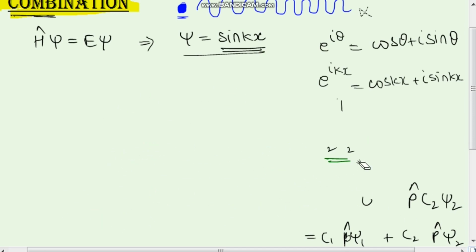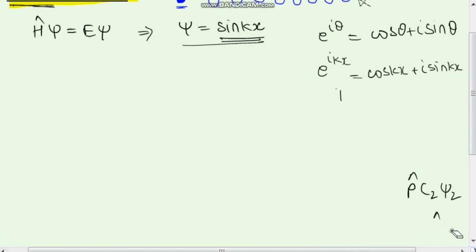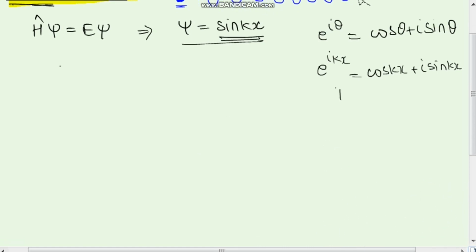That's how you get a combination and a solution to this problem. For energy you have two momentums, one is h cross k and one is minus h cross k. One is for the positive direction and this is for the negative direction.